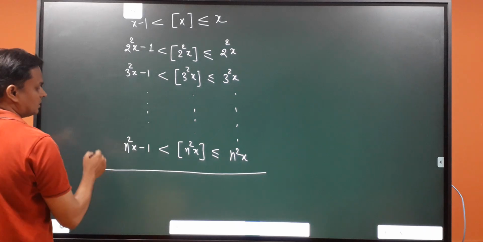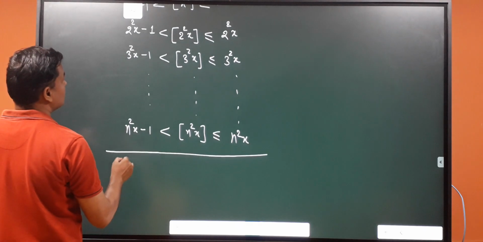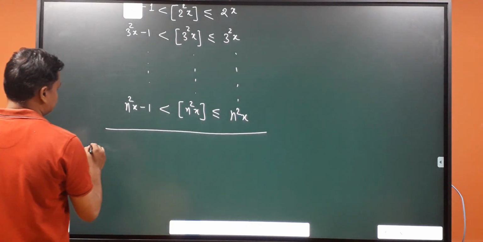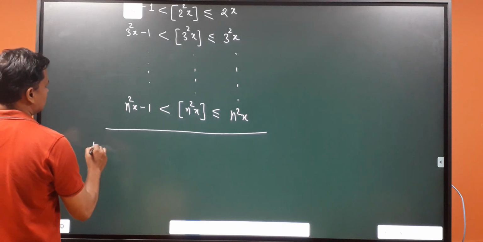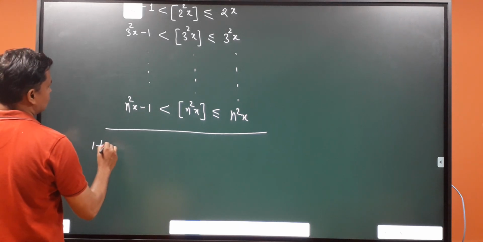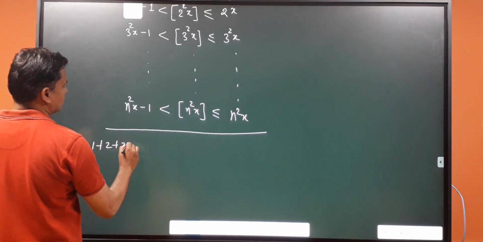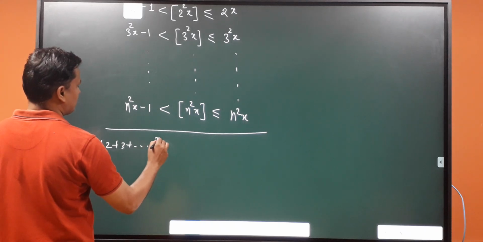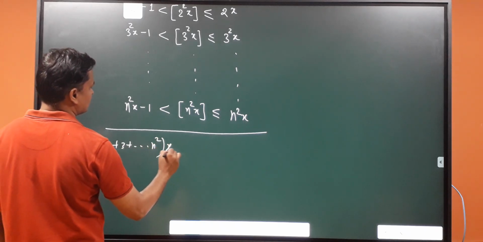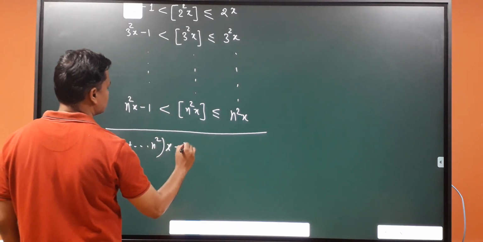Now adding all the terms on the left hand side, what will we get? We will get 1 plus 2 plus 3 dot dot dot n square, with x minus 1 being added n times.